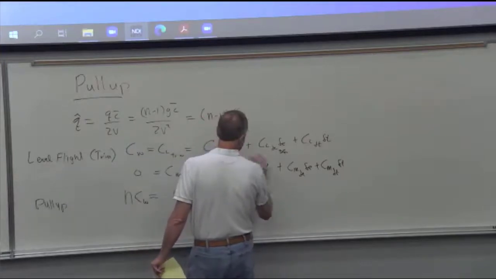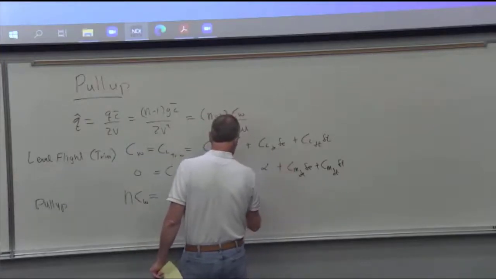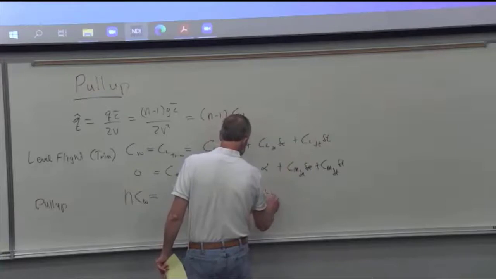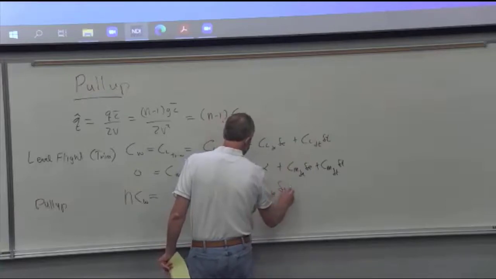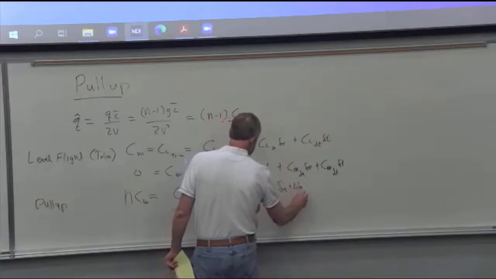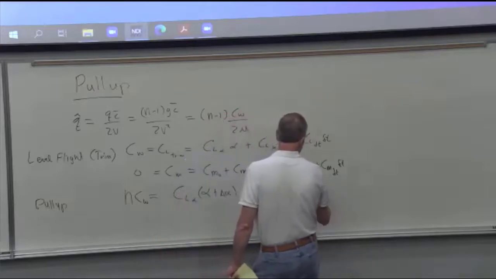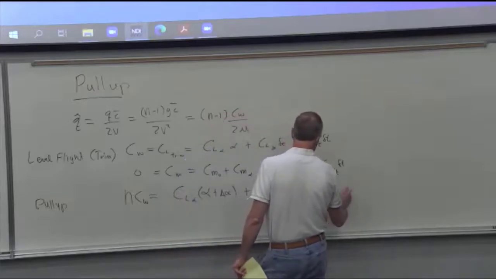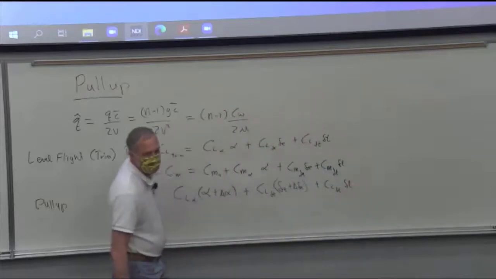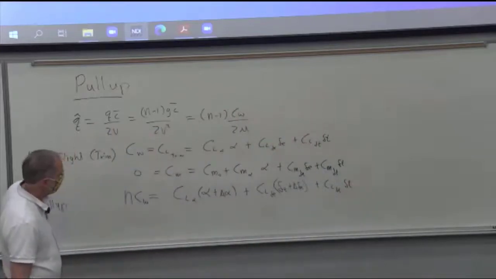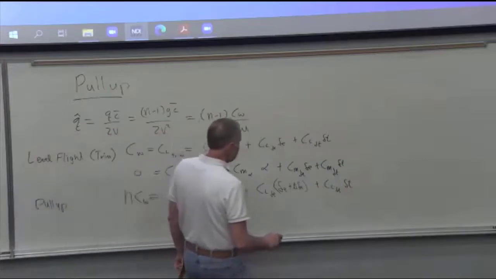So let's erase the trim thing there. And we're going to have some extra elevator. But remember, we're not changing the trim tab because the pilot won't do that just for a quick maneuver. He'll just do it with the stick and leave the trim tab alone. So don't change the trim tab.